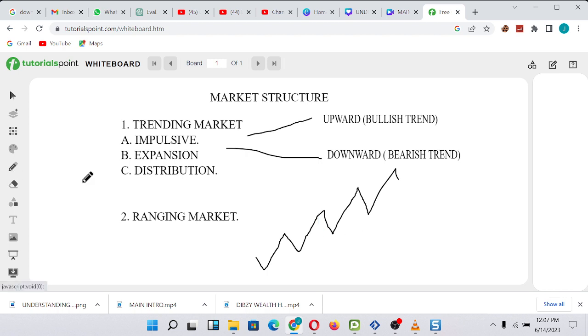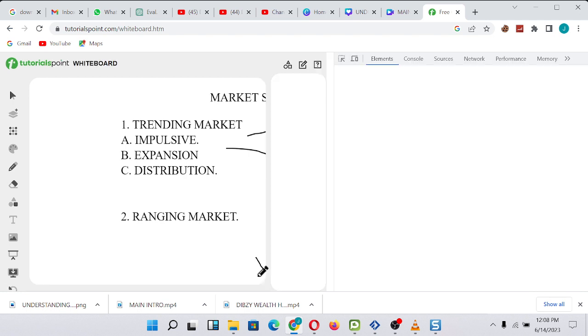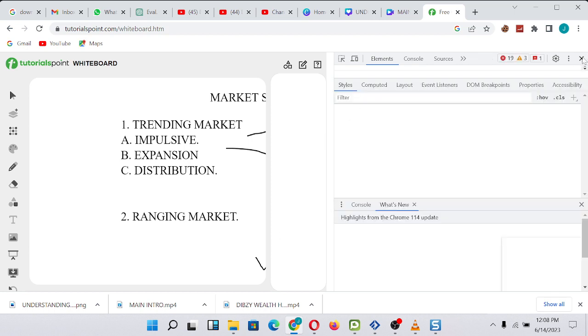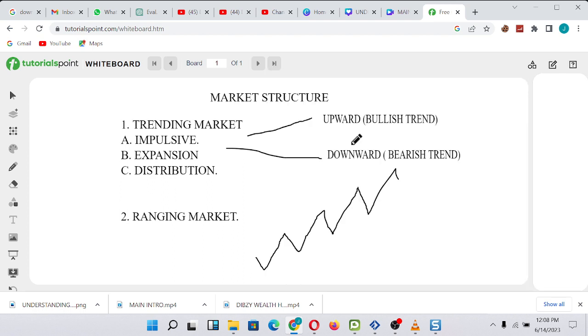So in a bullish trend, we have what? This is a low, right? The first one is a low. This is a high.